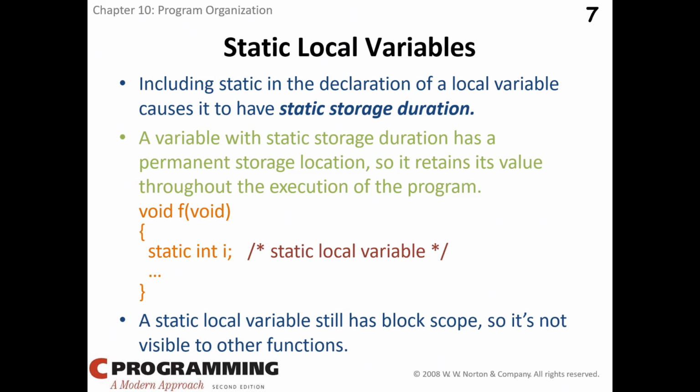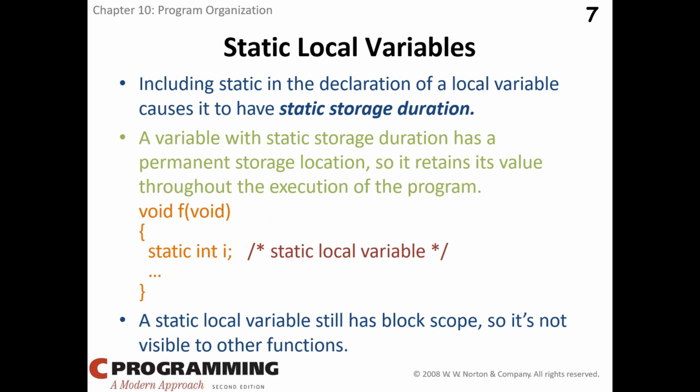When we include the keyword static in the declaration of a local variable, it changes the storage duration of that variable. Instead of having automatic storage duration like regular local variables, a static local variable has what we call static storage duration. This means that a static local variable is allocated a permanent storage location in memory.